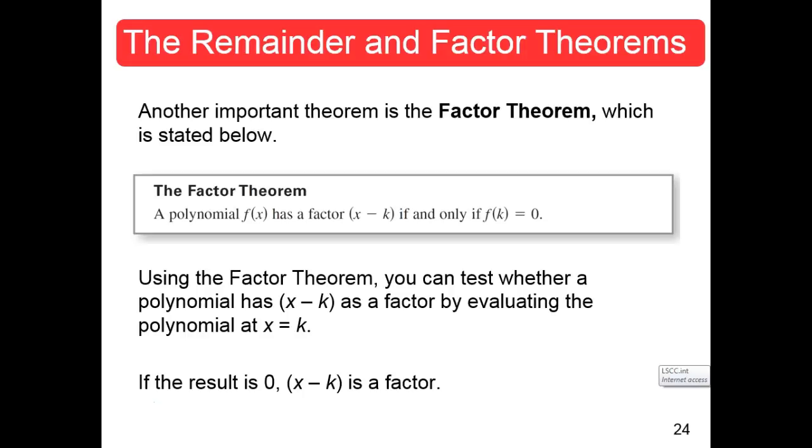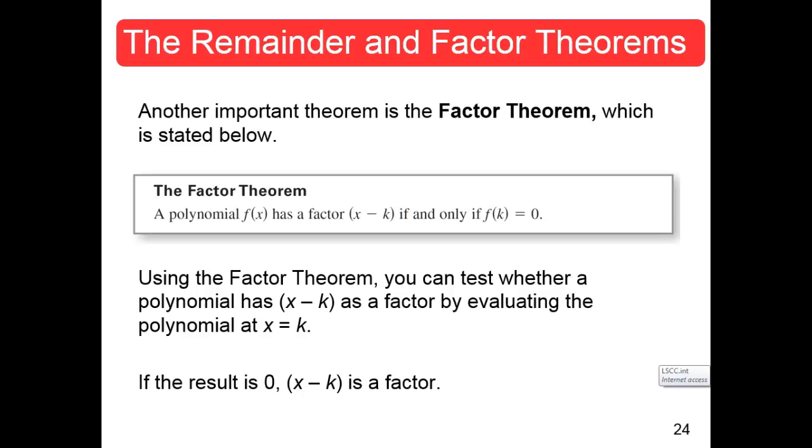The remainder theorem said that if you divide by x minus k, f of k is your function value. Well, if f of k is 0, that means the remainder was 0, and that meant that x minus k was a factor. So this is actually stating something we already knew: that x minus k must be a factor of that f of x, that dividend.